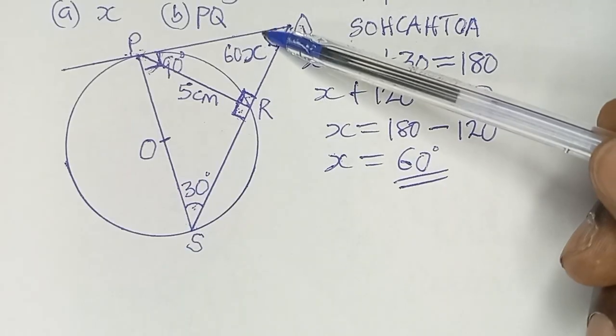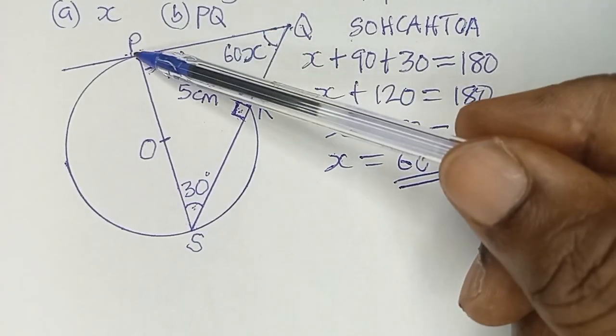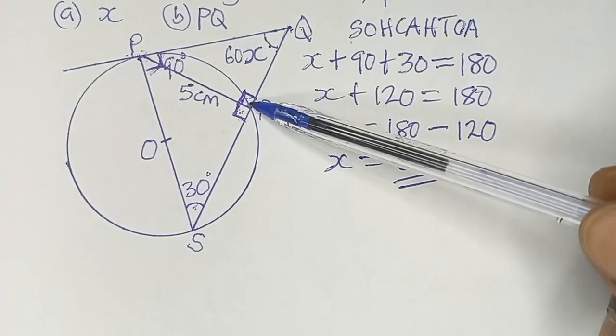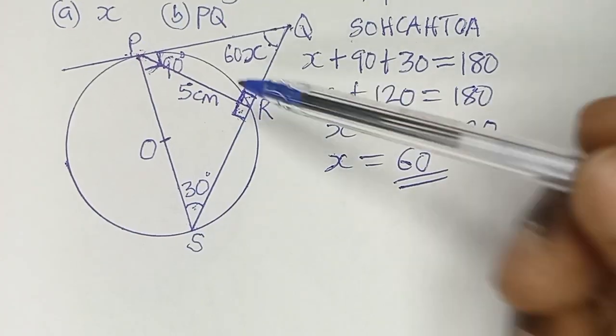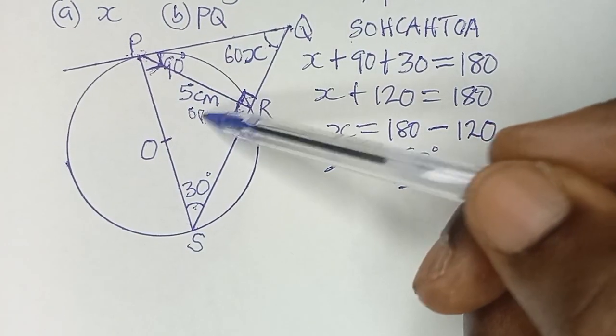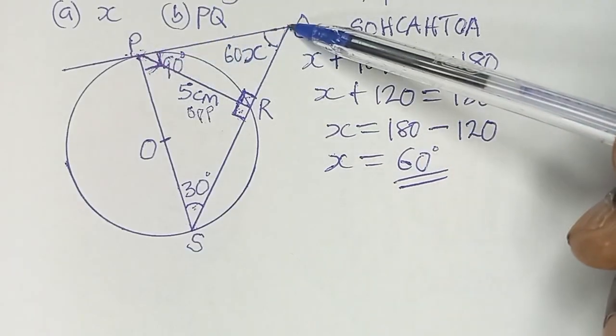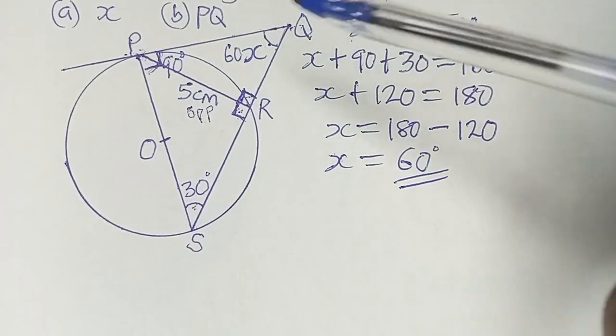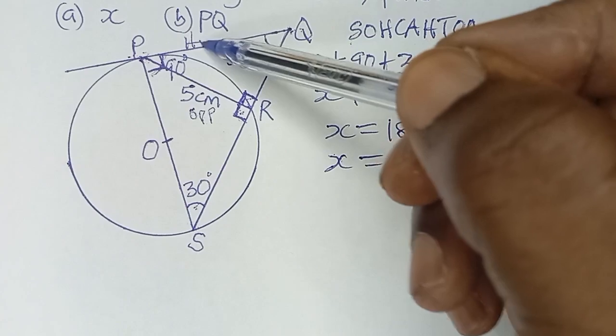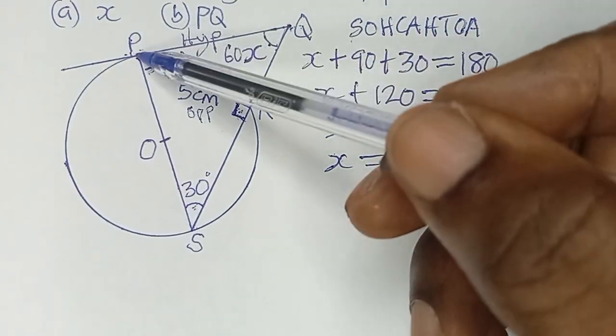This is 60 degrees. The side that is opposite the angle that we know is the opposite side. So this side that is 5 centimeters is the opposite side. Then the longest side, PQ, which is the side that we are looking for, is the hypotenuse.